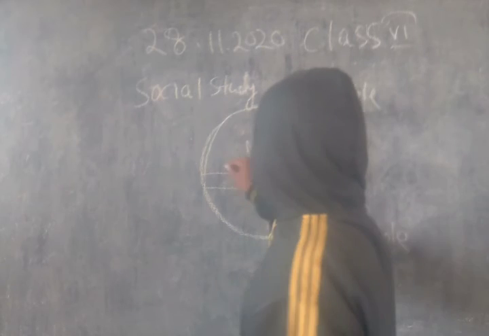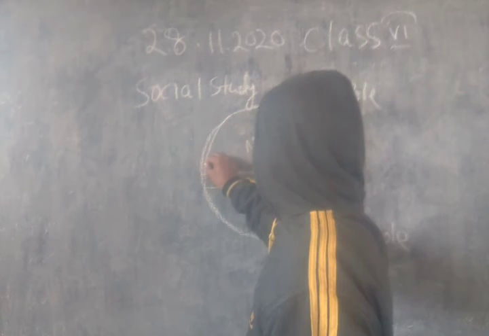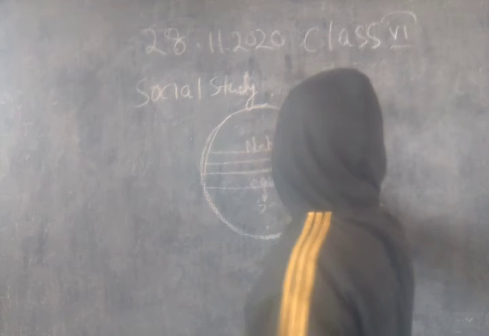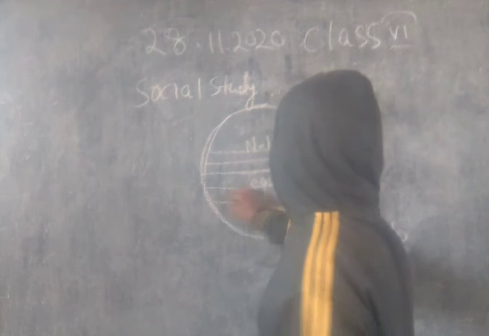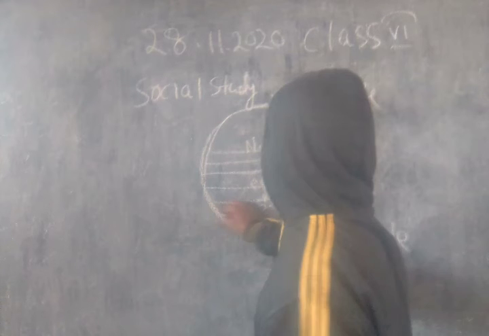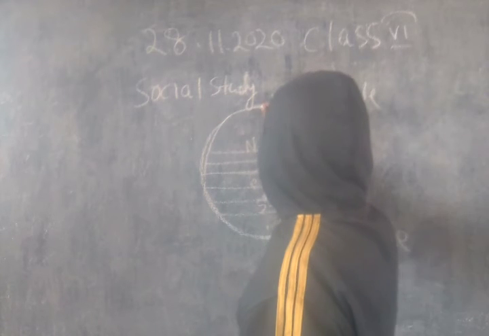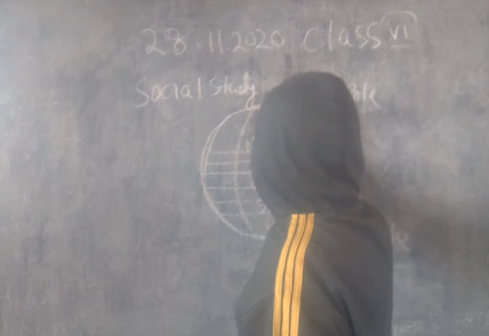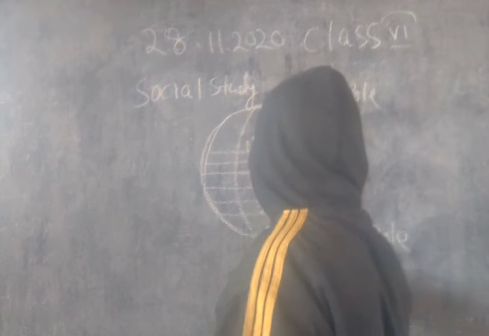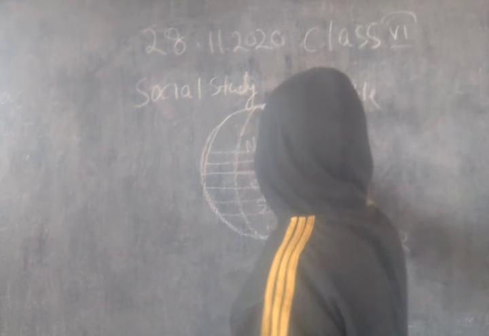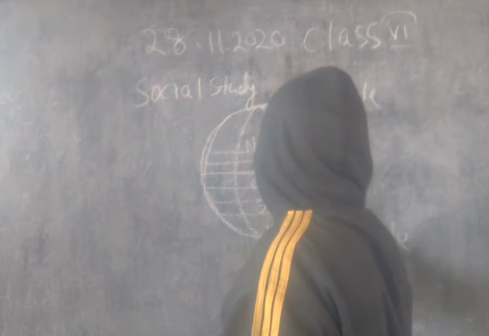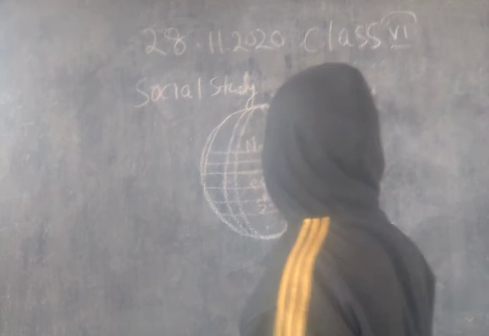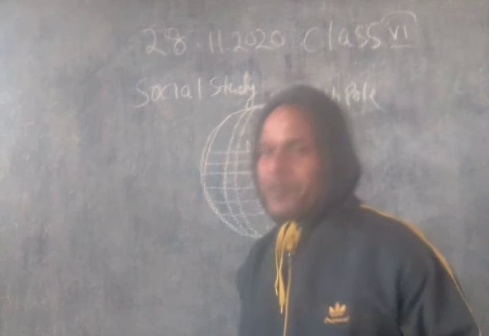Some imaginary lines have been drawn, and from the North Pole to the South Pole also some imaginary lines we have drawn. So we shall now read about latitudes and longitudes.